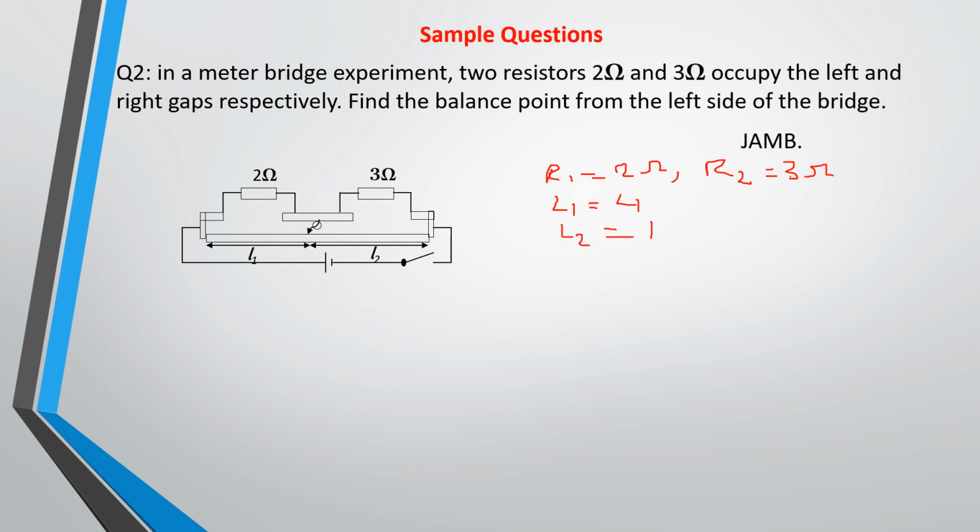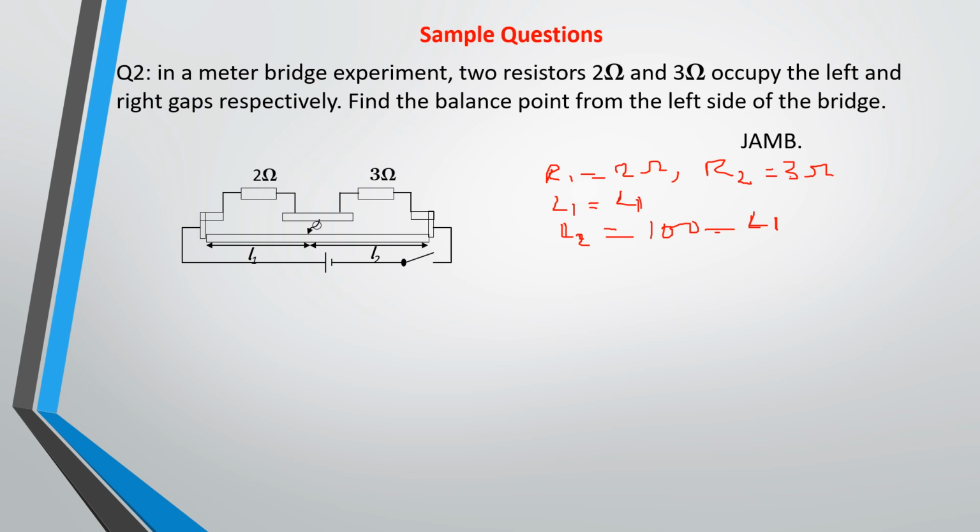To 100 minus L1. So if L1 is known from the left hand side, then L2 on the right hand side will be equal to 100 minus L1.